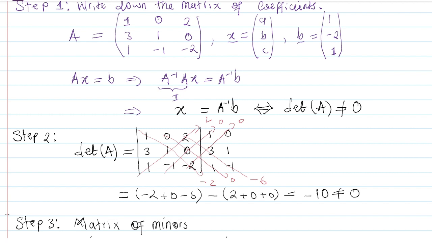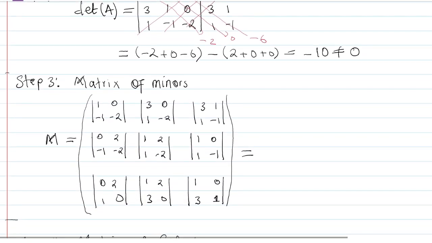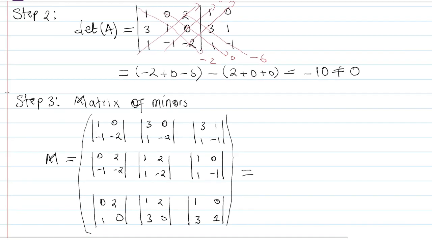Now the next thing is to find the minors of this matrix. Minors are simply small determinants obtained after deleting some rows and columns, as follows. So I have this matrix.